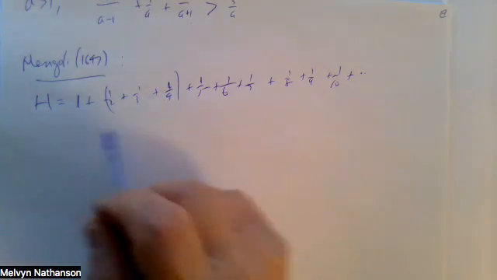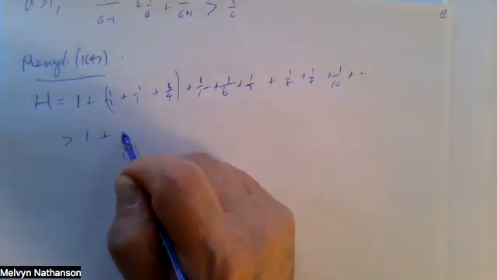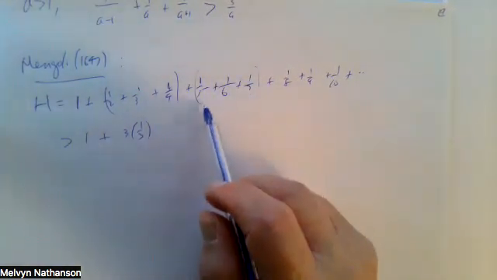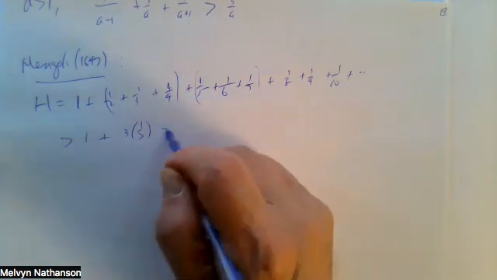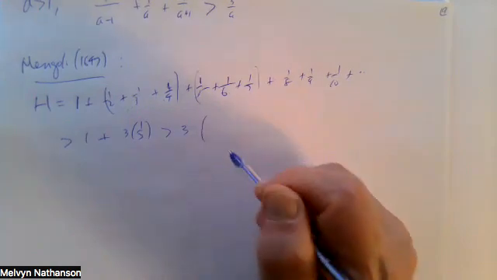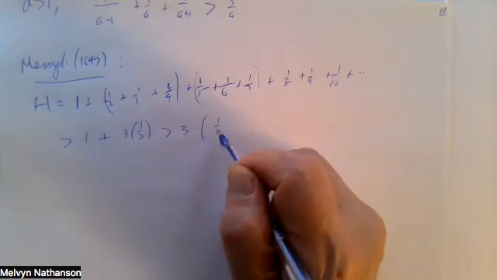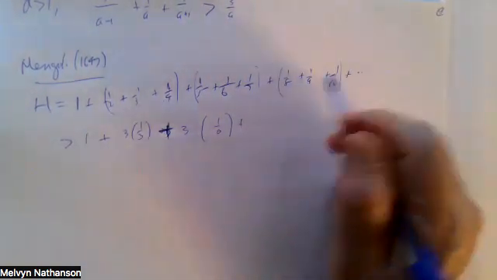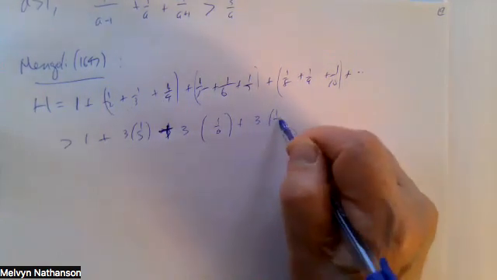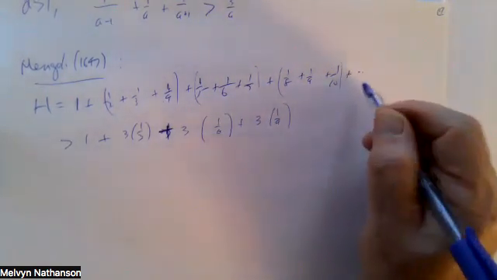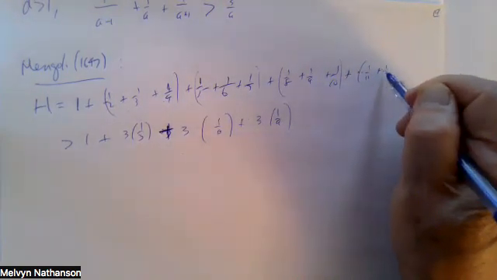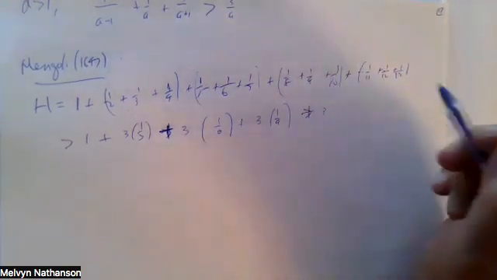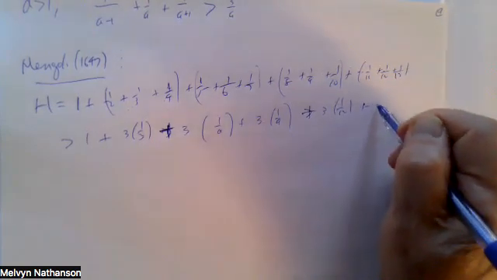So if I have a half plus a third plus a fourth, this is bigger than 3 times a third. Then I have the 3 numbers with denominators 5, 6, and 7. This is bigger than 3 times a sixth. And then I have an eighth, a ninth, and a tenth. That's bigger than 3 times a ninth. And if I take the next terms, 1 over 11, 1 over 12, 1 over 13, this will be bigger than 3 times a 12th, and so forth.